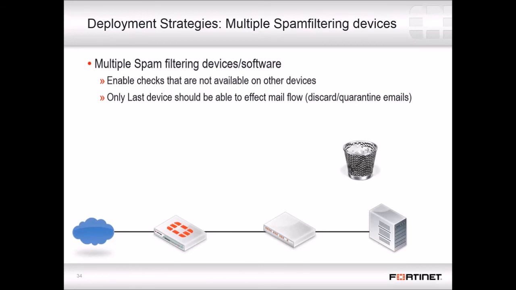Since the FortiGate considers this spam, you can set up rules to throw the email away on the Barracuda. Just use tagging on the FortiGate and look for the string. Also apply any additional spam filtering that the FortiGate is not capable of doing. If the FortiGate or this device considers the email spam, then throw it away.